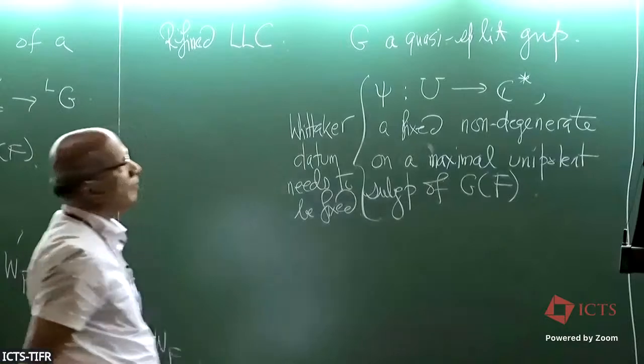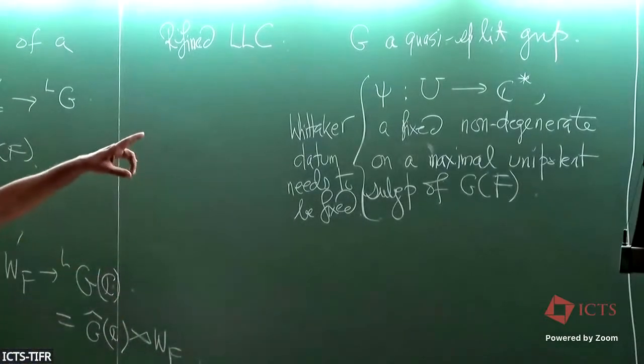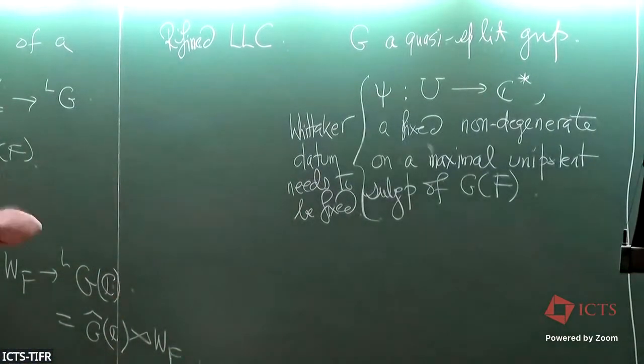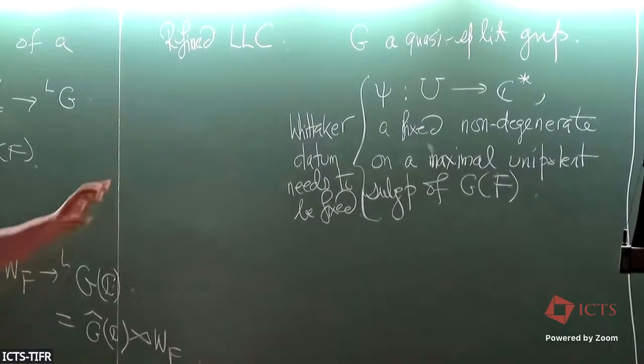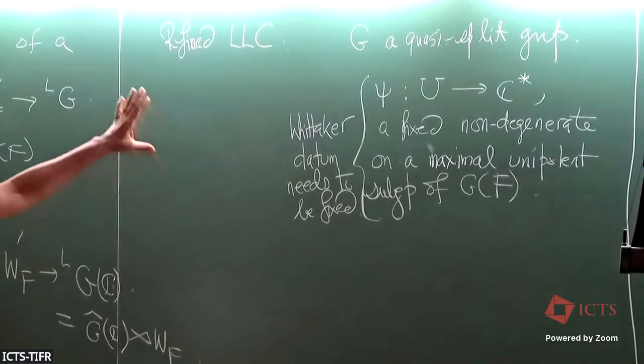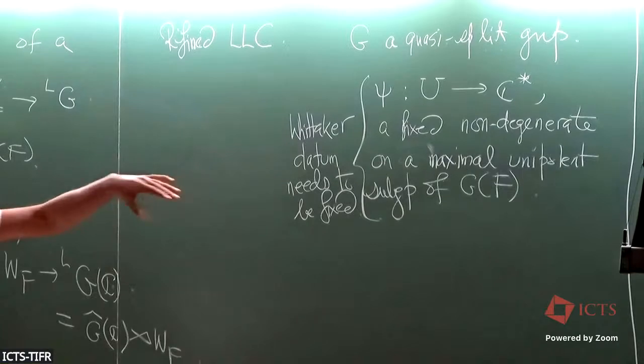For certain matters, the choice of psi doesn't matter because psi is unique up to conjugacy. But for certain groups, it is not unique up to conjugacy. And then you need to fix one, and the bijection depends on that fixed choice.